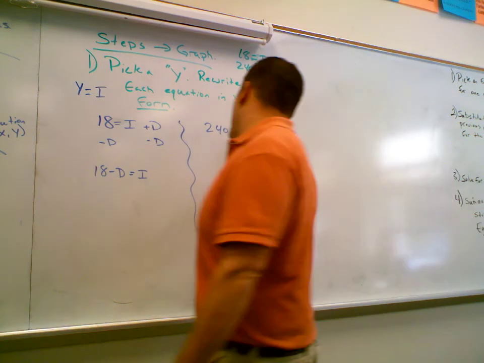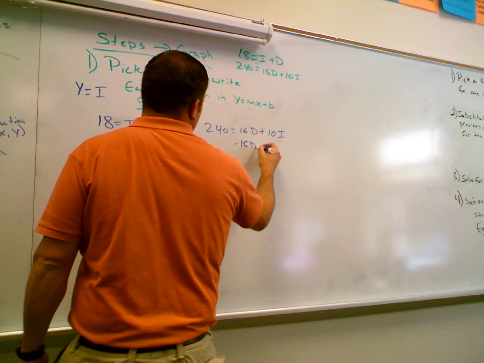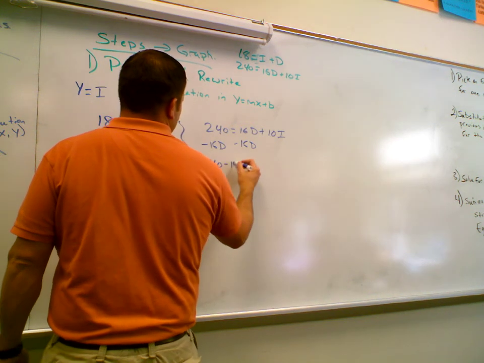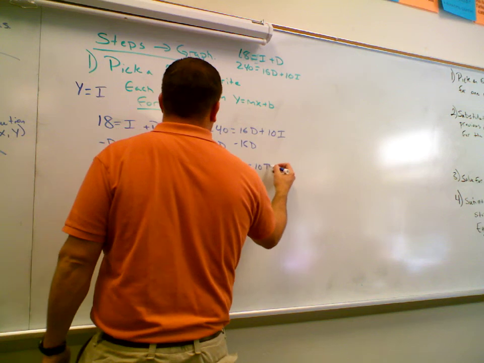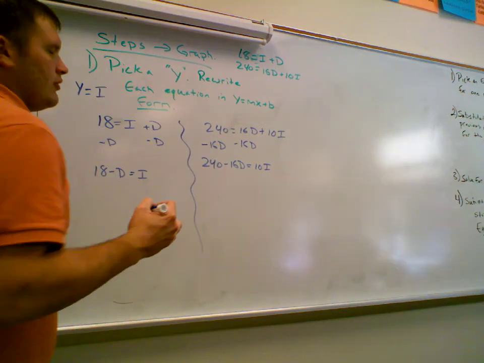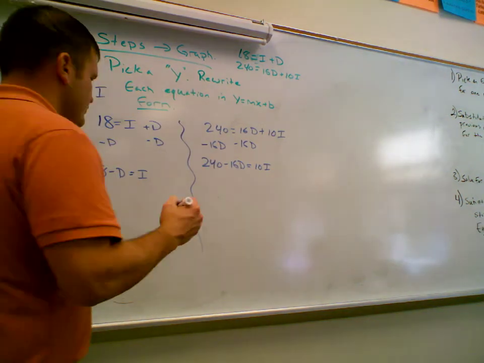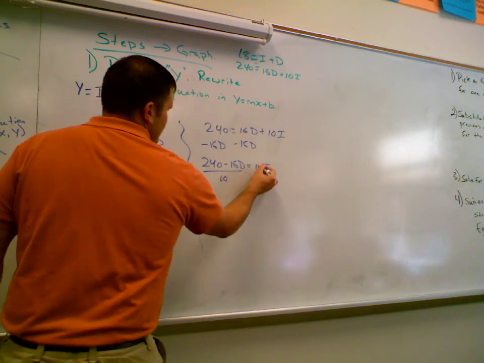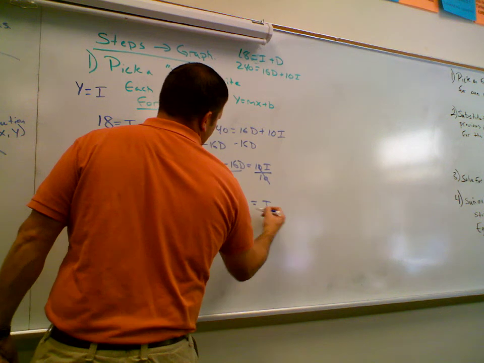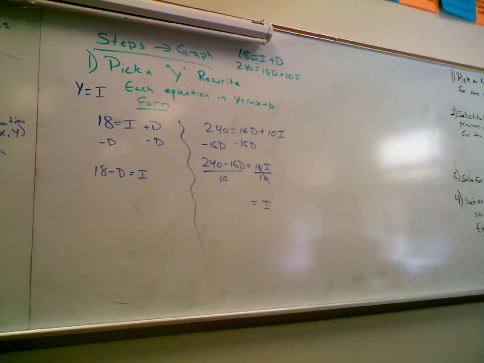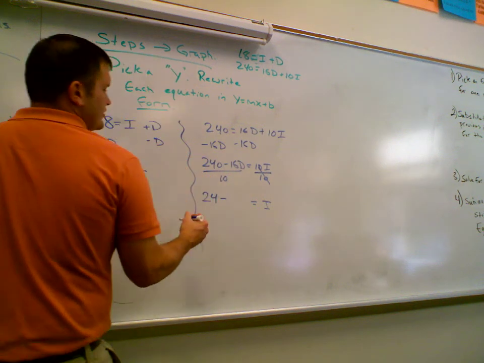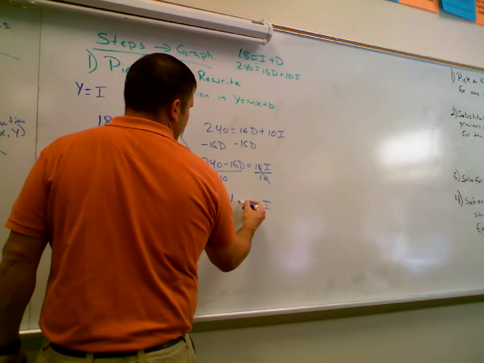So we need to subtract 16D. So we get 240 minus 16D equals 10I, right? What do I do now? Divide both sides by 10. So these cancel, we get I. 240 divided by 10 is 24. 16 divided by 10 is 1.6.